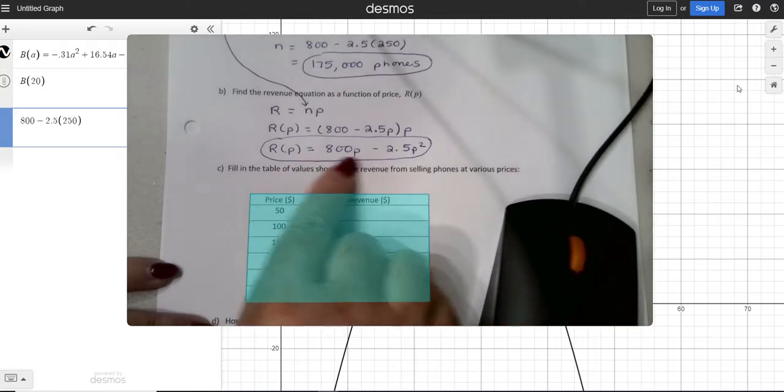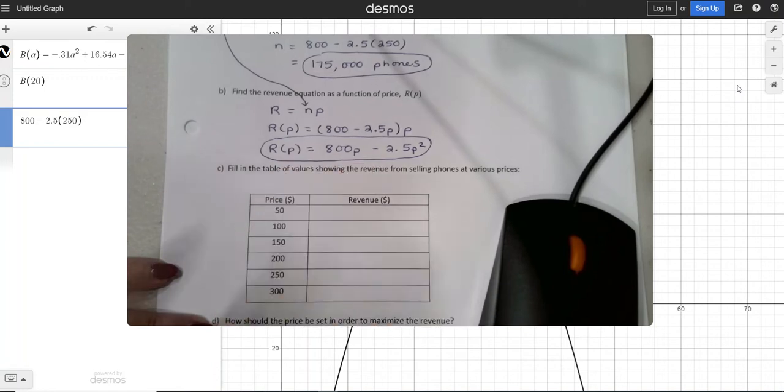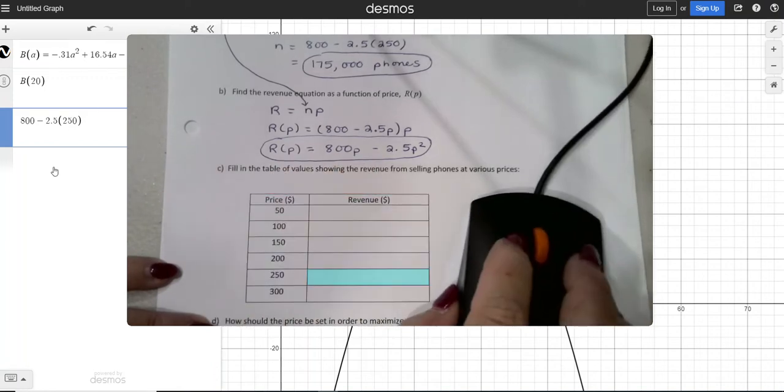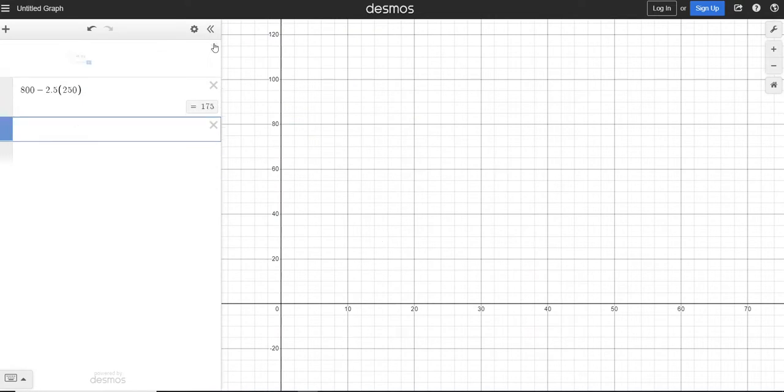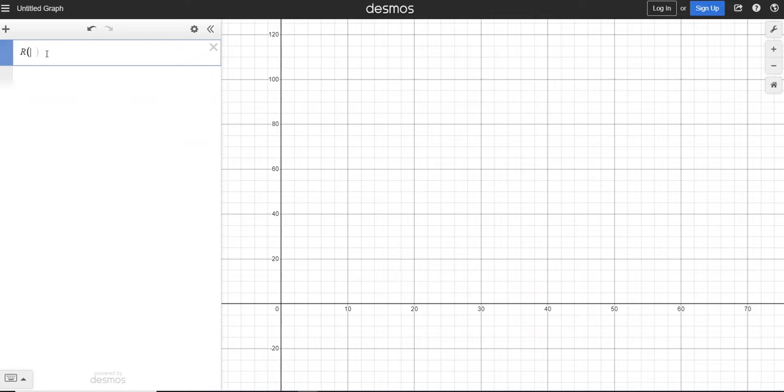I'm going to put in my R equation, and then I'm going to make a table to do this for me. So let's start by defining our function R of P, which was 800P minus 2.5P squared.